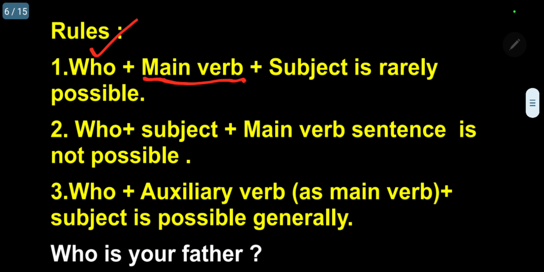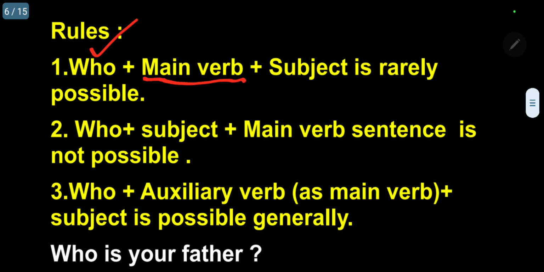Non-finite has types: infinitive, gerund and participle. And the finite verb we can again classify into four types. One is main verb and auxiliary verb. Number two, regular and irregular verbs. Number three, transitive and intransitive verbs. And number four, strong and weak verbs.